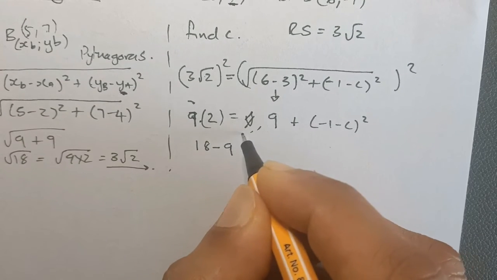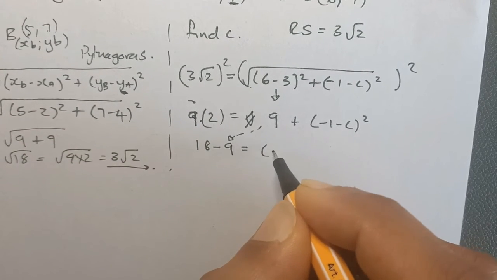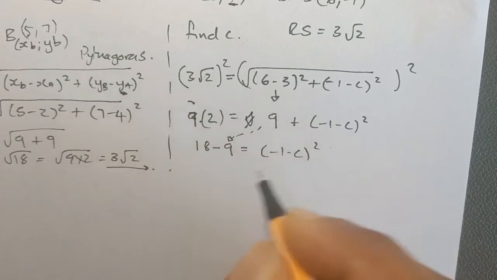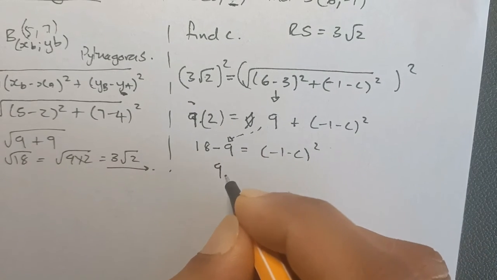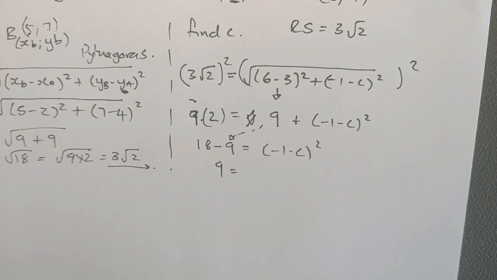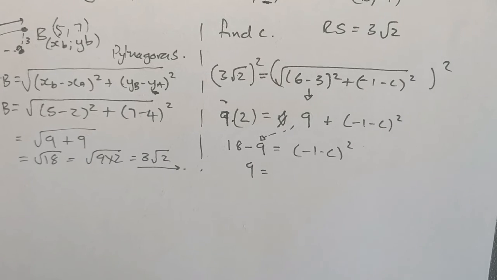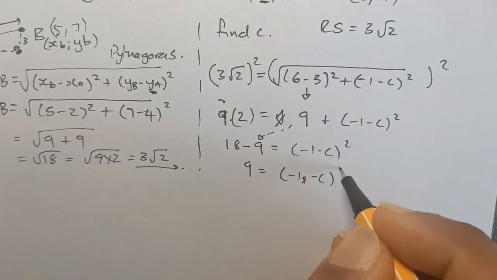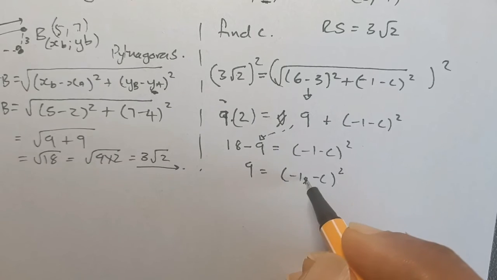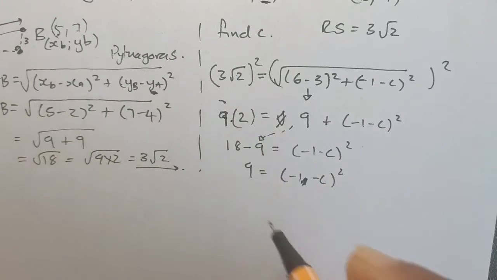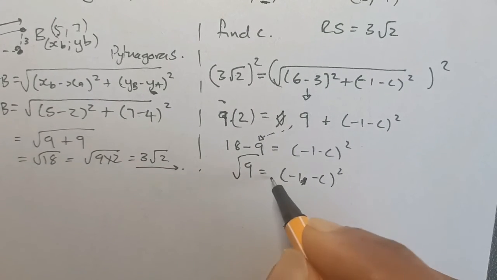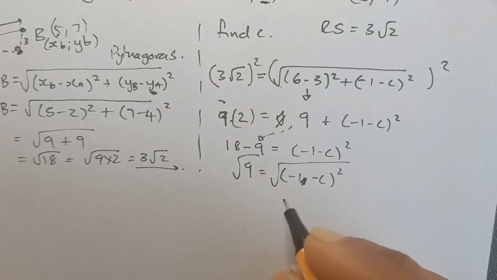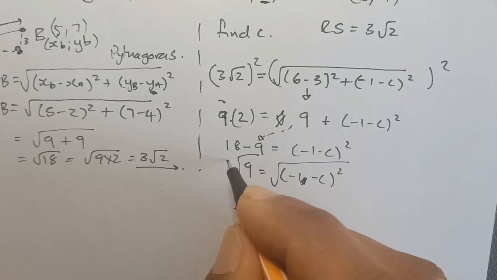18 minus 9, taking the 9 to the other side, you end up with 9 equals (-1 minus C) squared. Alright, sorry for all the scratching. Anyway, I'm going to square root both sides. Don't forget the plus minus.